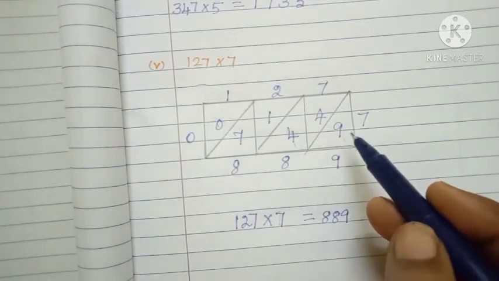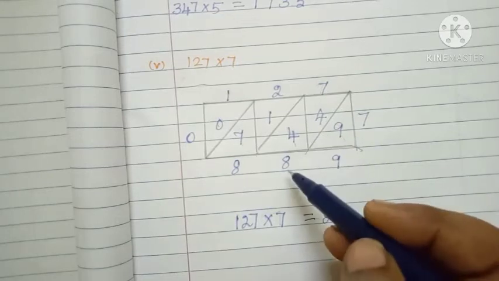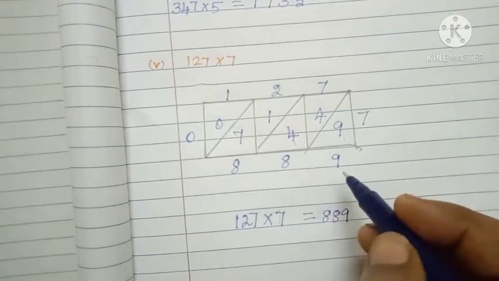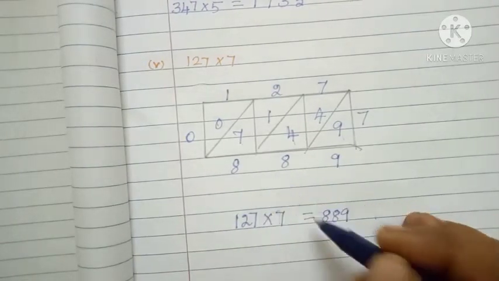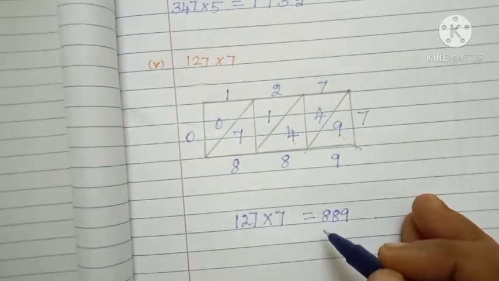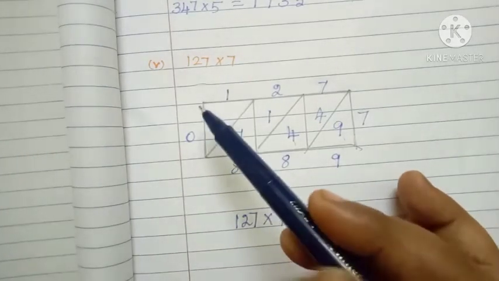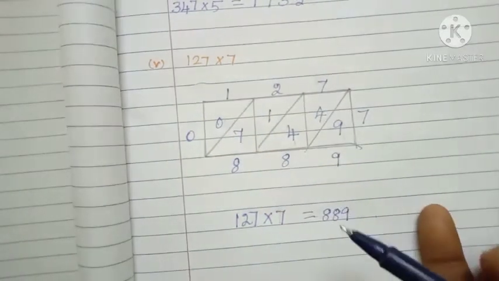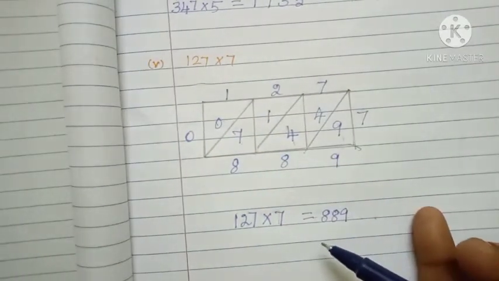Then you add the diagonal: 9. 4 plus 4 is 8. 7 plus 1 is 8. Then 0. Then you get 9 8 8. This is the 0, so no need to write the 0 here. Then the answer is 127 multiplied by 7 equal to 889.